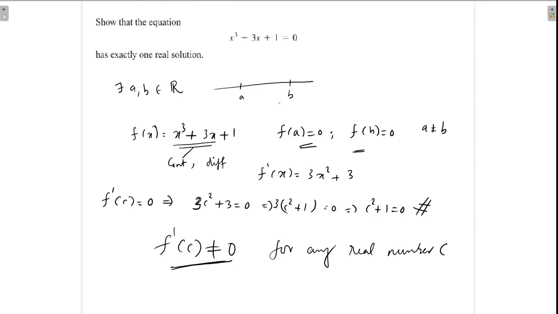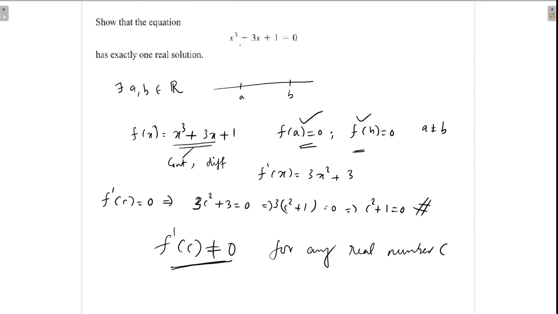So we can say that we cannot assume f(a) = 0 and f(b) = 0. So we can say that this equation has exactly one solution.